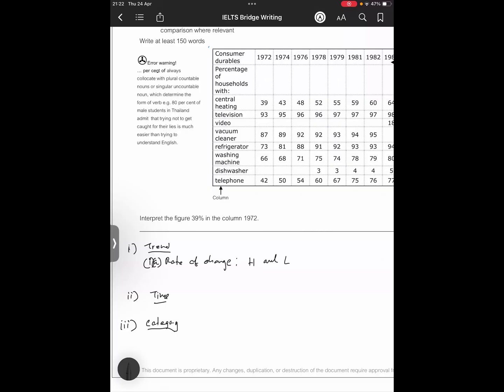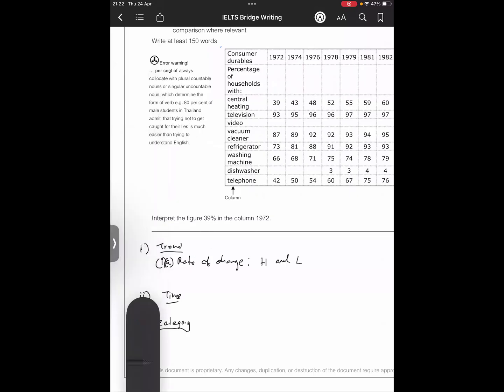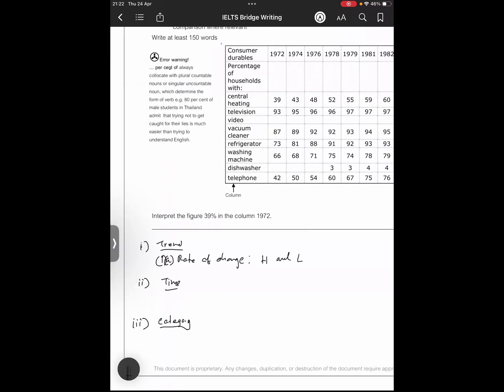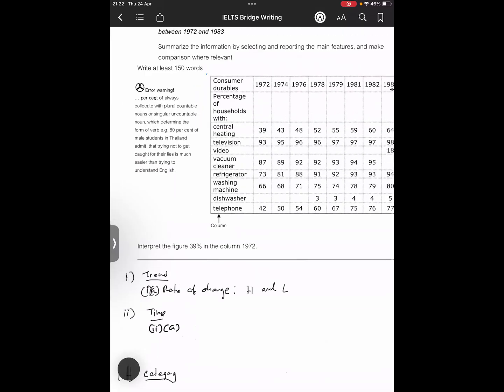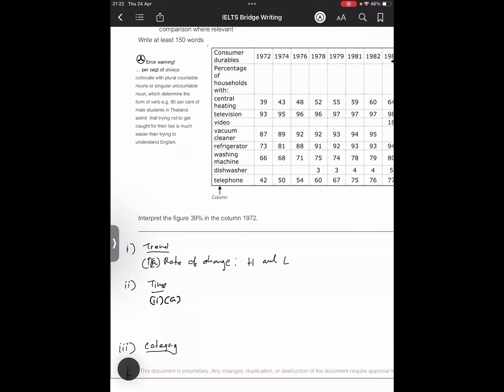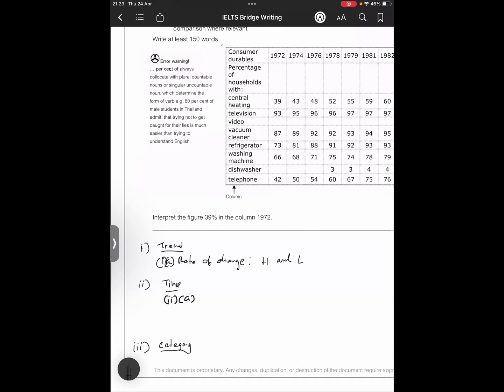Now if you look at the time, we can also have subcategories. So what we can do here, like 22A, we can have the beginning versus the rest.